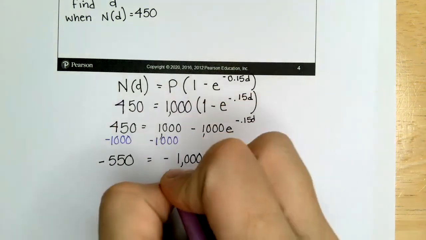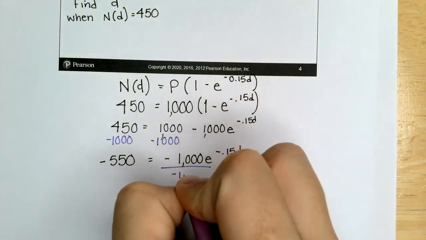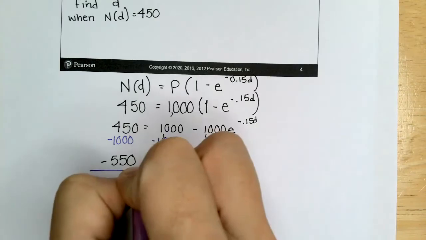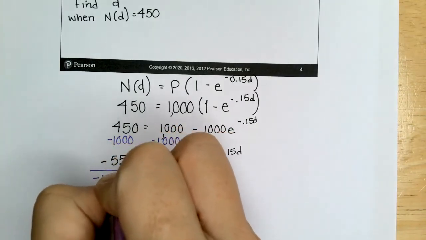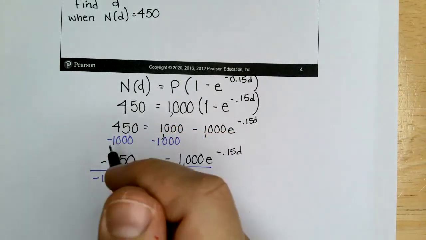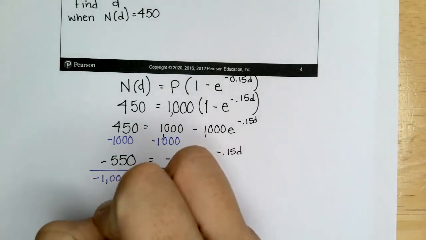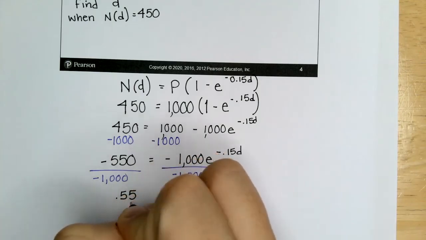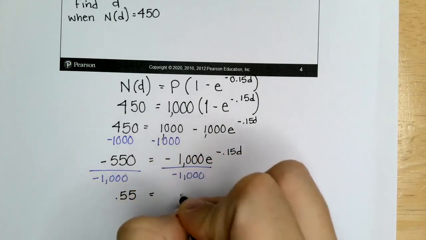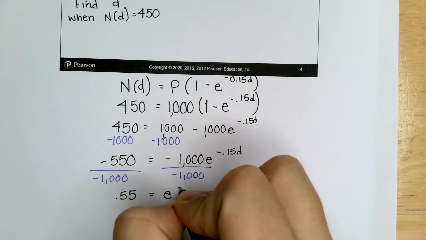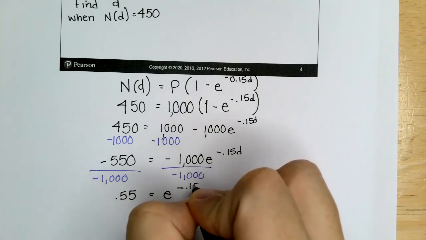Divide by negative 1,000. Negative 550 divided by negative 1,000 is 0.55, right? Equals e to the power of negative 0.15d.